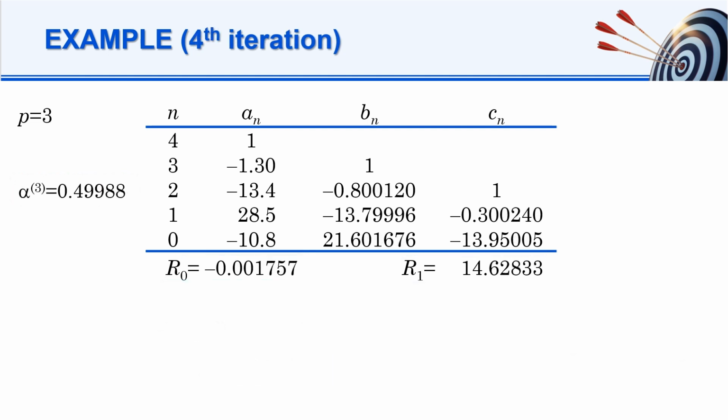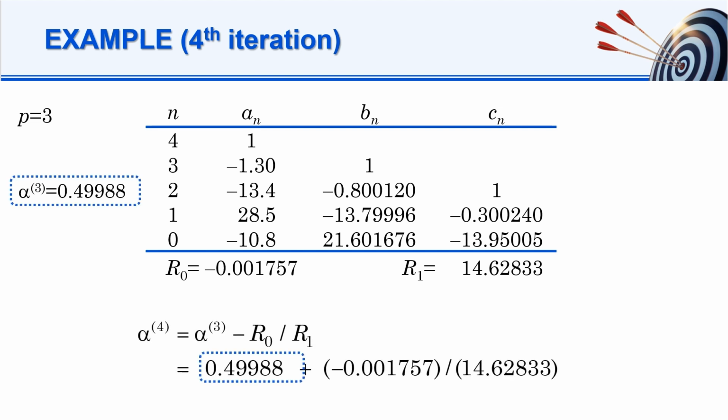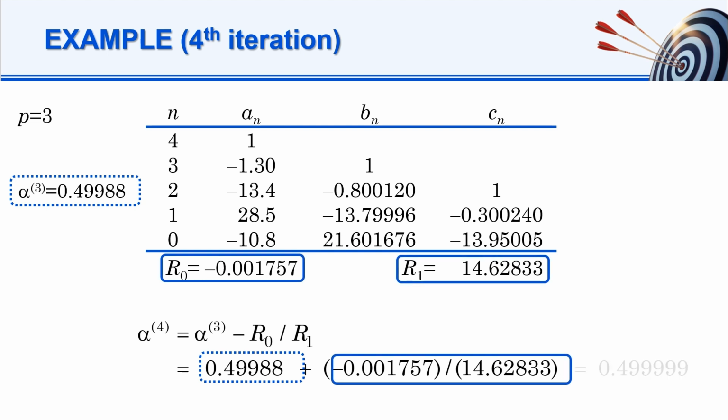The fourth estimate is found as 0.499999, and the absolute error is 1.2 times 10 to the minus 4, which does not satisfy the convergence criterion yet. So we will iterate this one more time.